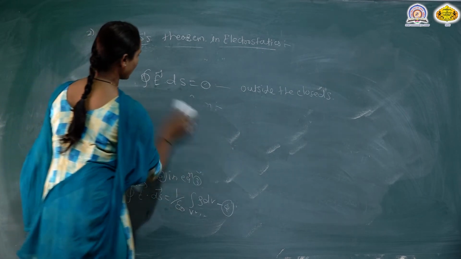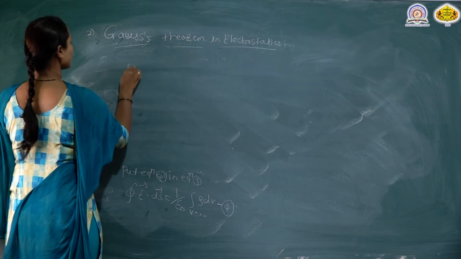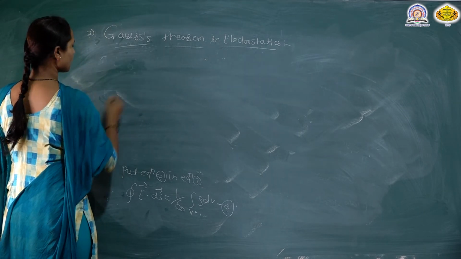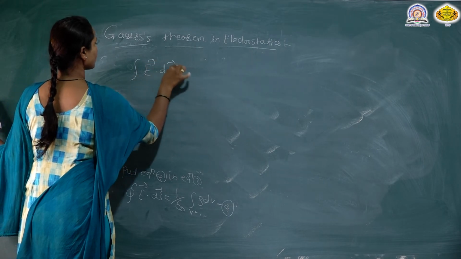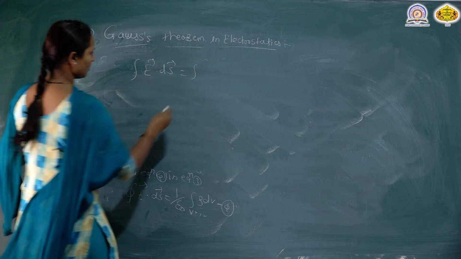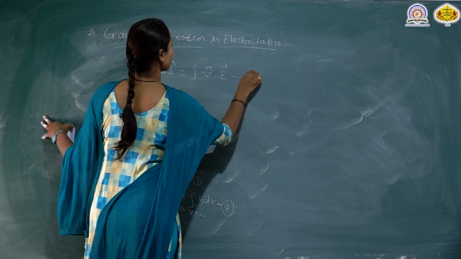We know Gauss's divergence theorem: the integration of E vector dot ds vector equals the integration of del vector dot E vector dV. This is equation number 5.